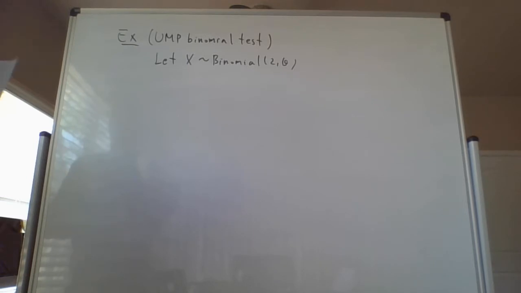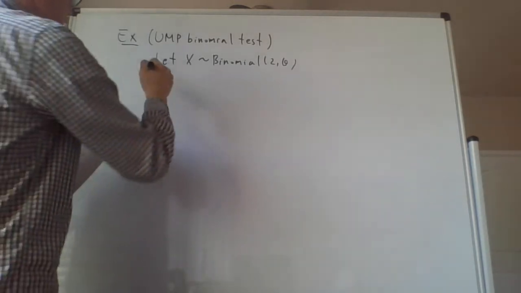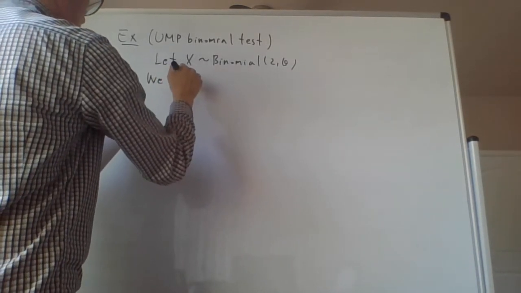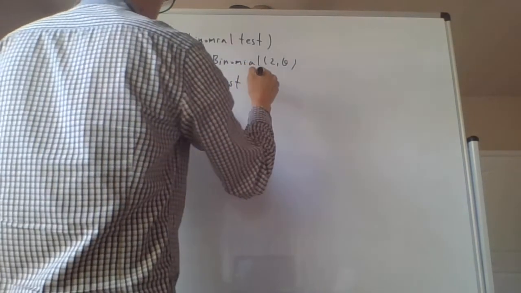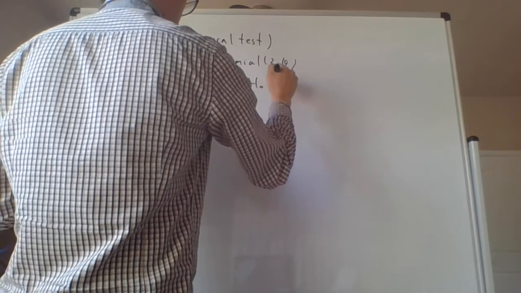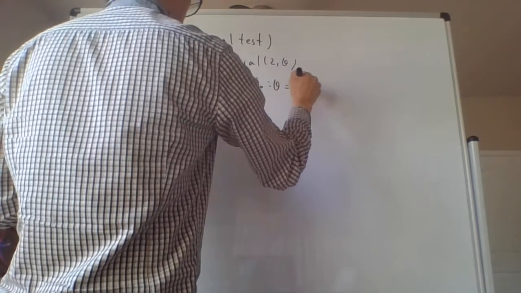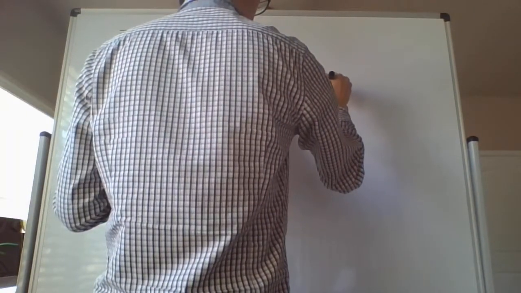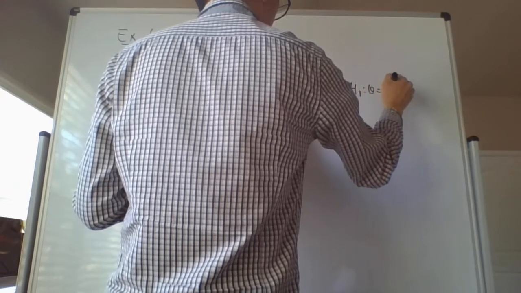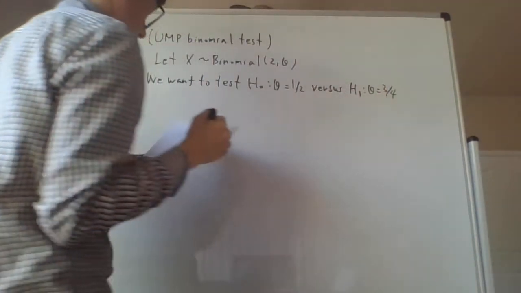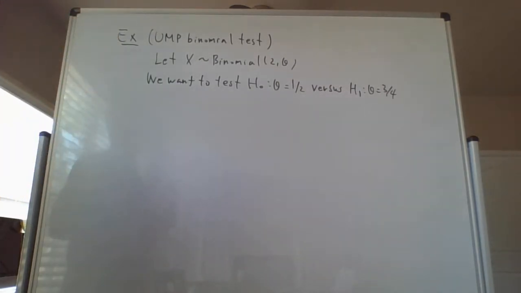Success probability is theta, and then we want to test that H0 is theta equal to 1/2 versus H1 is theta equal to 3/4.